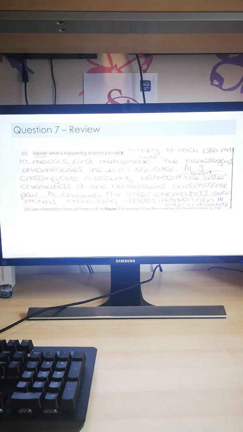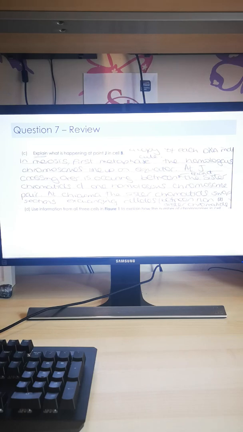So at J, crossing over is occurring between each of the sister chromatids of one homologous chromosome pair. Now I said it was actually better to describe them as non-sister chromatids because it's less of a mouthful to write. So if you put of non-sister chromatids, that means the same as each of the sister chromatids of one homologous chromosome pair, which is a bigger mouthful.